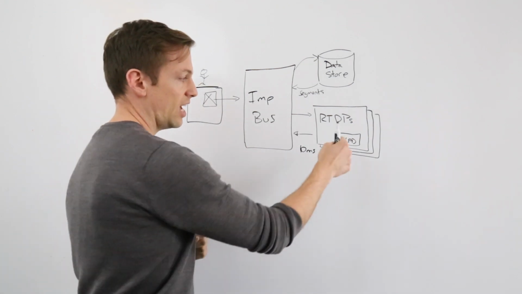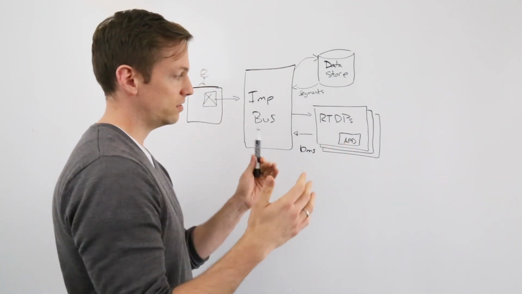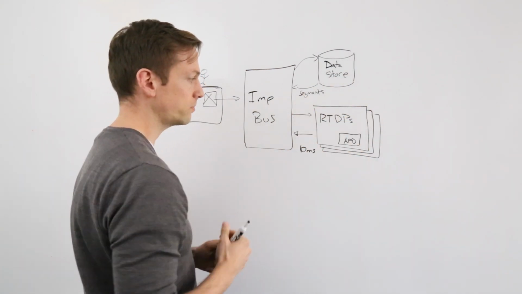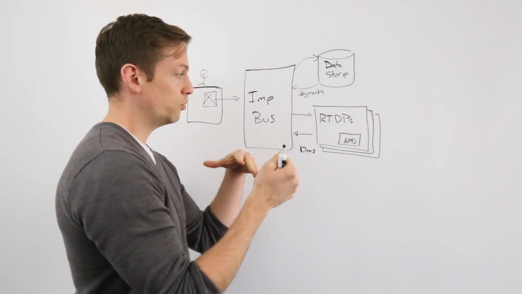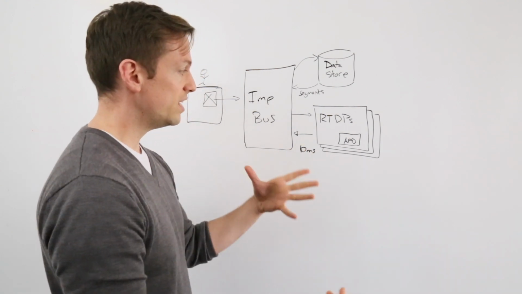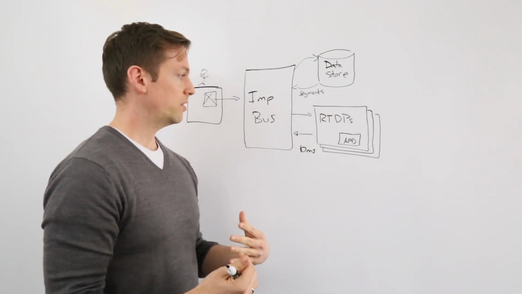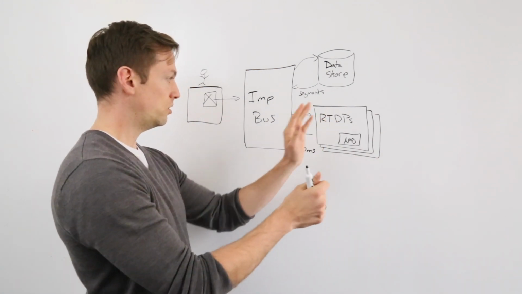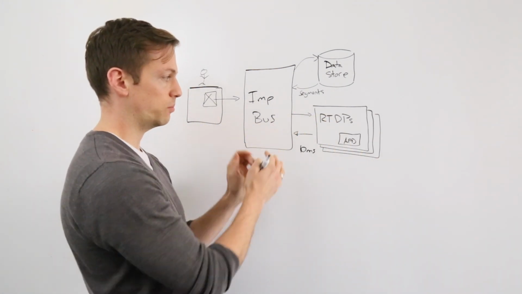Well, in steps AppNexus Programmable Data. It acts as another real-time data provider in our real-time data provider cluster. But it's a real-time data provider as a service. What that means is, as a client or partner of AppNexus, I can simply make an API call to upload some of my targets to the system and have them acted on by the impression bus.